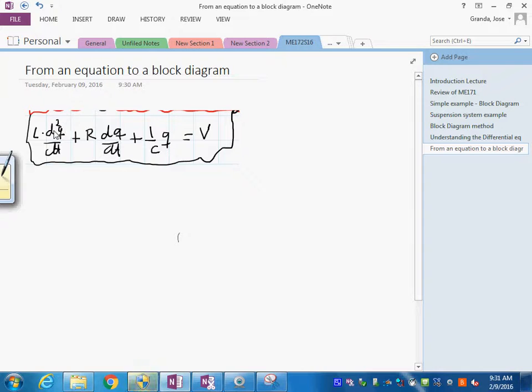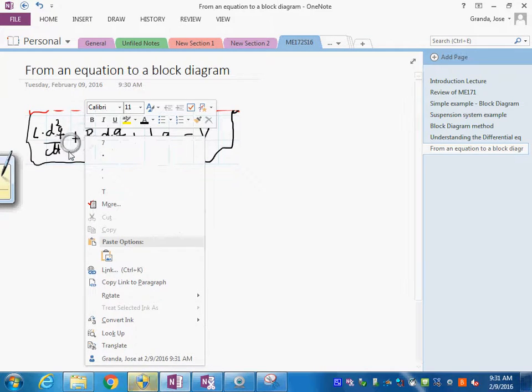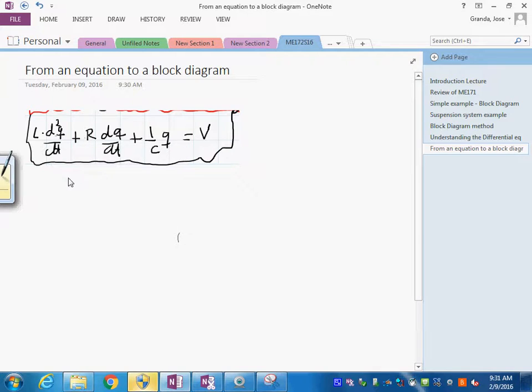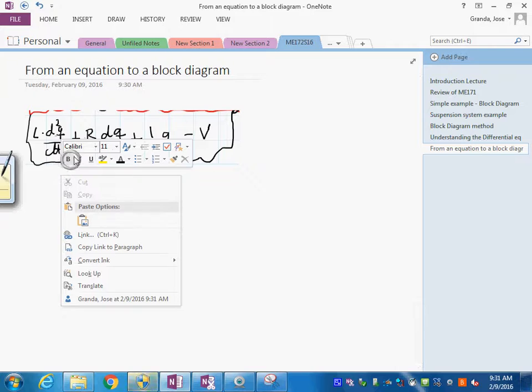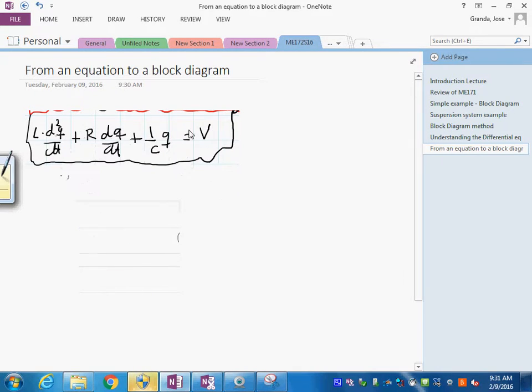All right, so we're going to say that L times d squared q dt squared is equal to v minus r times dq dt minus 1 over c times q. See, when you do that, now we have the opportunity to write the block diagram in terms of that.